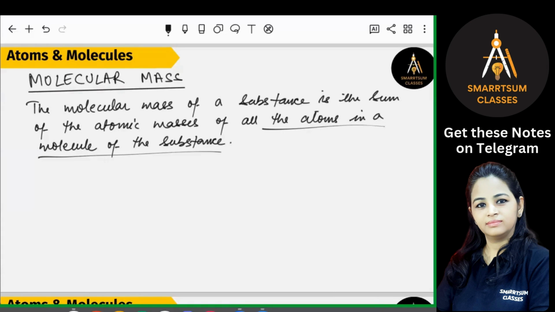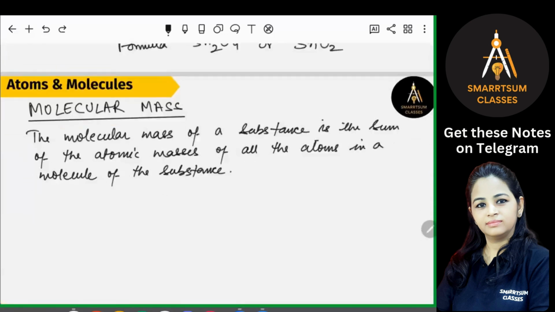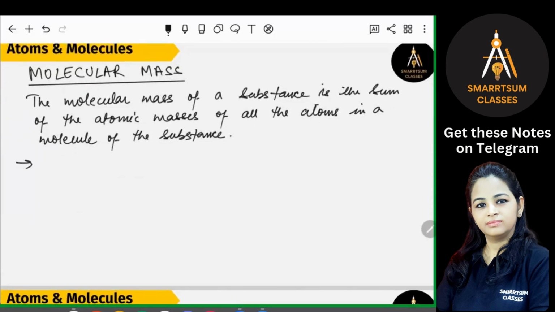So molecular mass is the relative mass of the molecule, expressed in AMU. So write down: we express molecular mass in AMU, atomic mass unit.